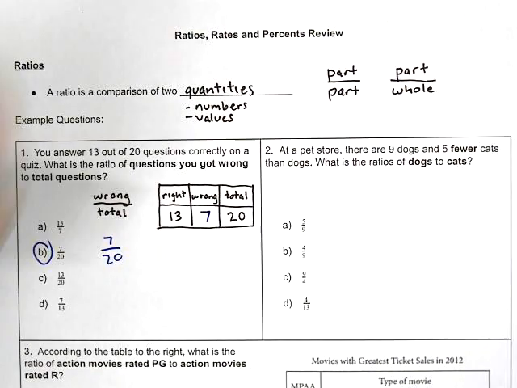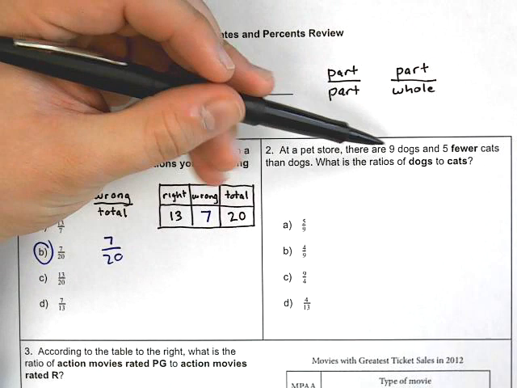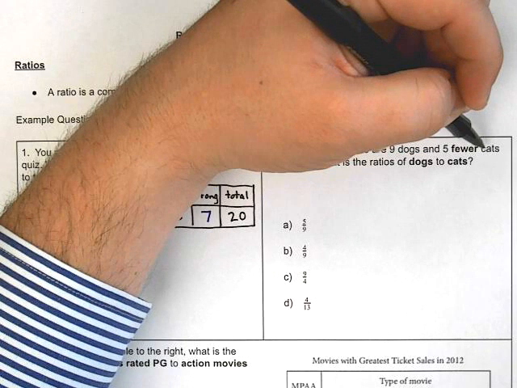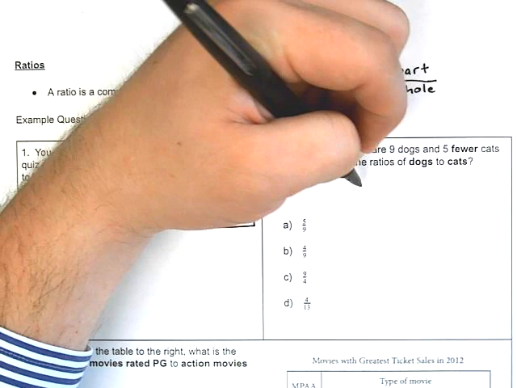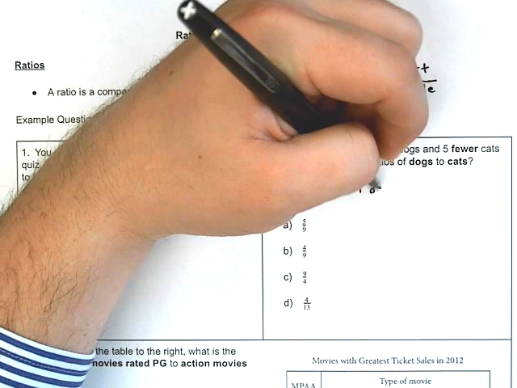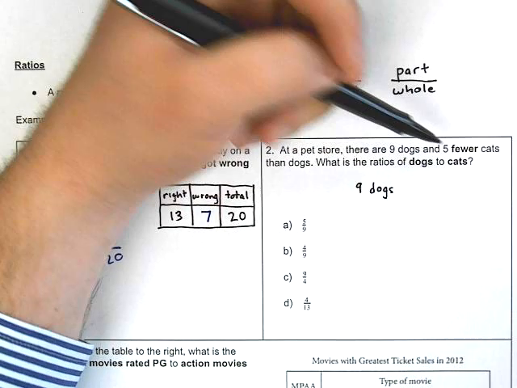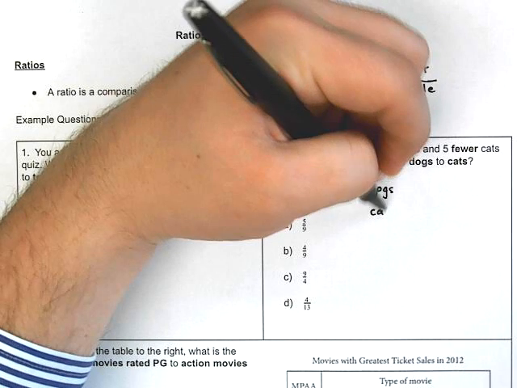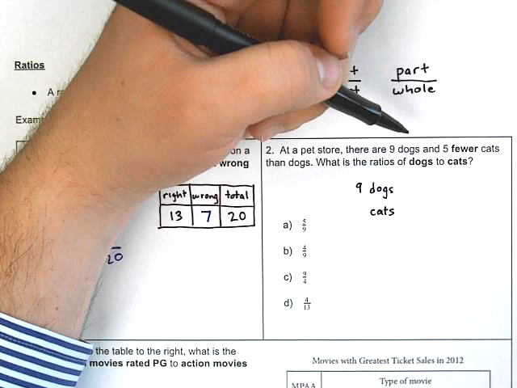Alright, as we move on to number 2, now we have a pet store. There are 9 dogs and 5 fewer cats. Interesting. So if there are 9 dogs, we have that. What does 5 fewer cats mean? Well, fewer means less than, right?